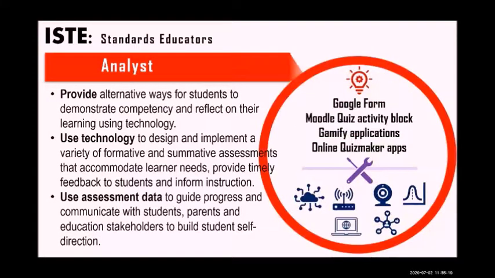So therefore, we probably would need to know more about Google Form, Moodle Quiz Activity Block, and gamify applications. I like our Dean Melflor always using game applications to perk up the discussion, especially at the period where our participants are already sleepy, or to trigger interest.